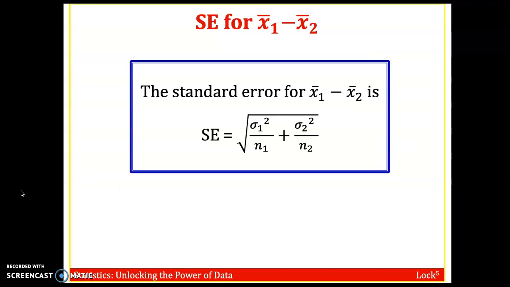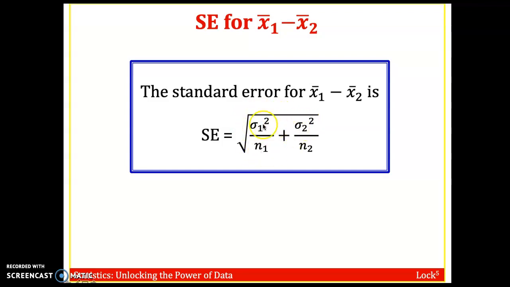All right, let's start with the standard error formula. The standard error for the difference of two sample means, x bar 1 minus x bar 2, is given by this equation. Notice if you get rid of one of these standard deviations, you would end up back with the standard deviation over the square root of the sample size.